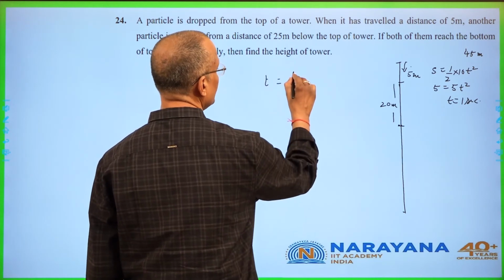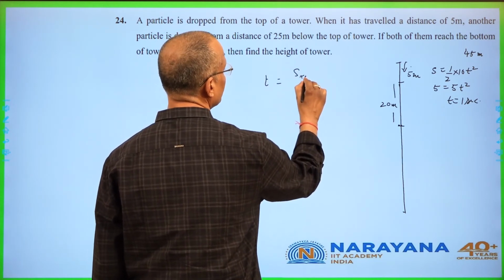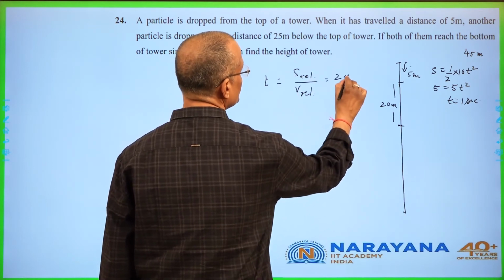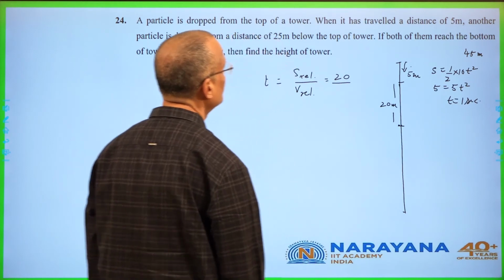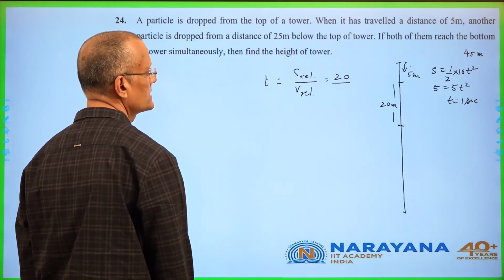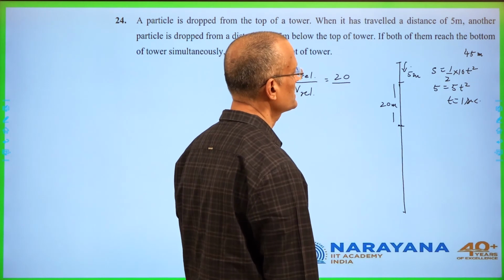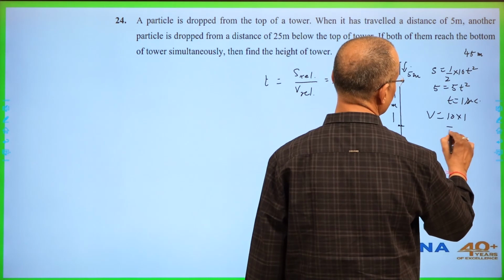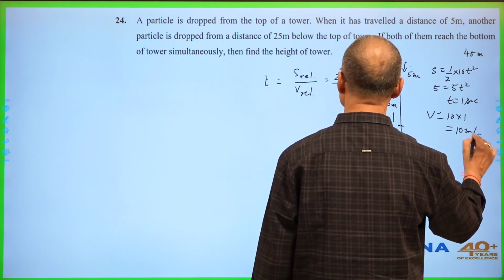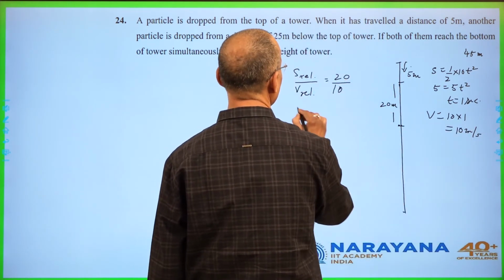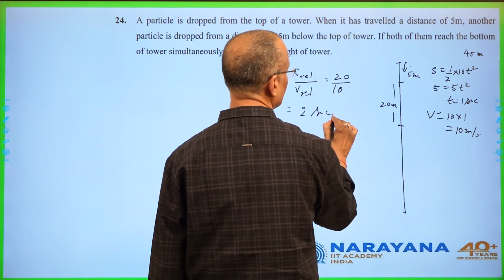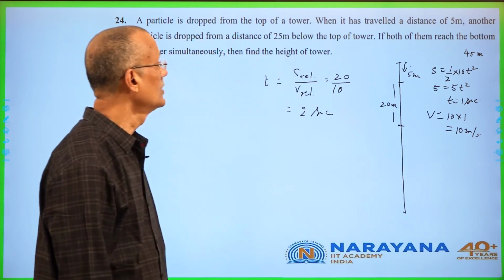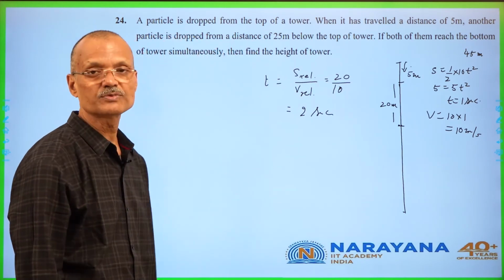Relative distance S by relative velocity V, this is 20, and how much velocity is it getting? V equal to U plus AT, GT. So 10 into 1, this will become 10 meters per second, 20 by 10, 2 seconds. So it will just take 2 seconds and both of them will reach the bottom of the tower.